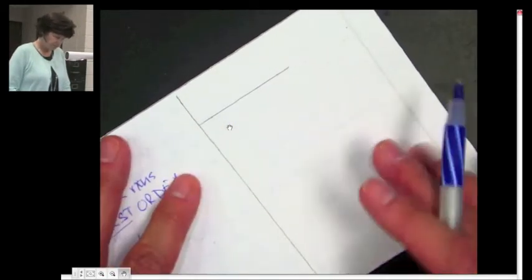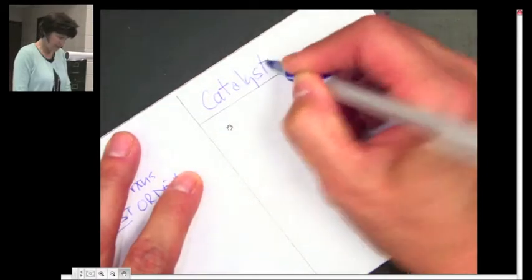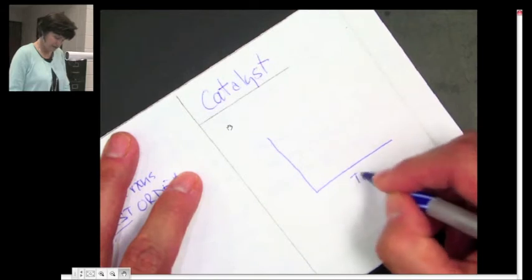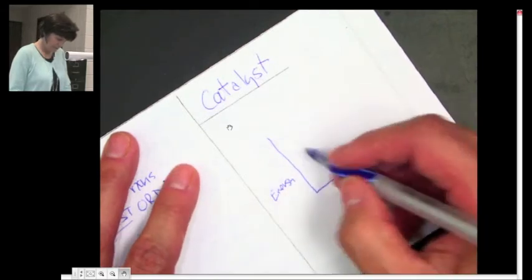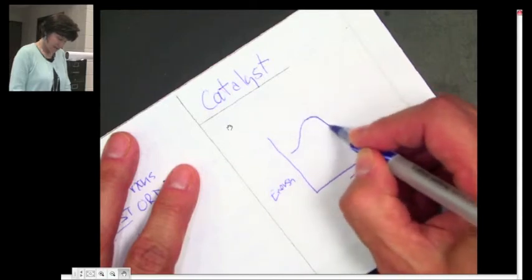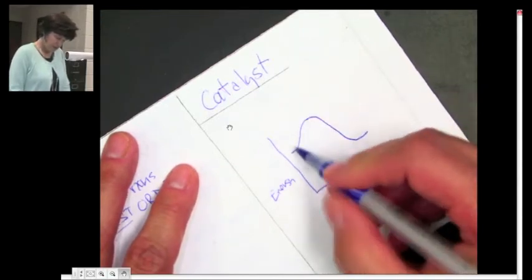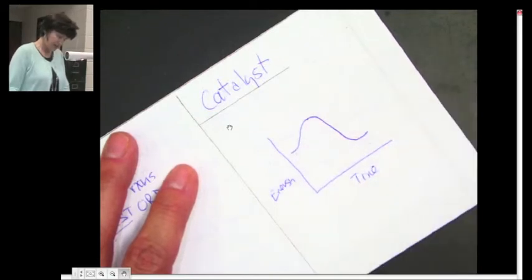Finally, we need to talk about a catalyst and the function of a catalyst and how it works. So we have an energy curve that looks like this. Okay. We have an exothermic reaction where the energy of the reactants is higher than the energy of the products, and this reaction gives off energy.